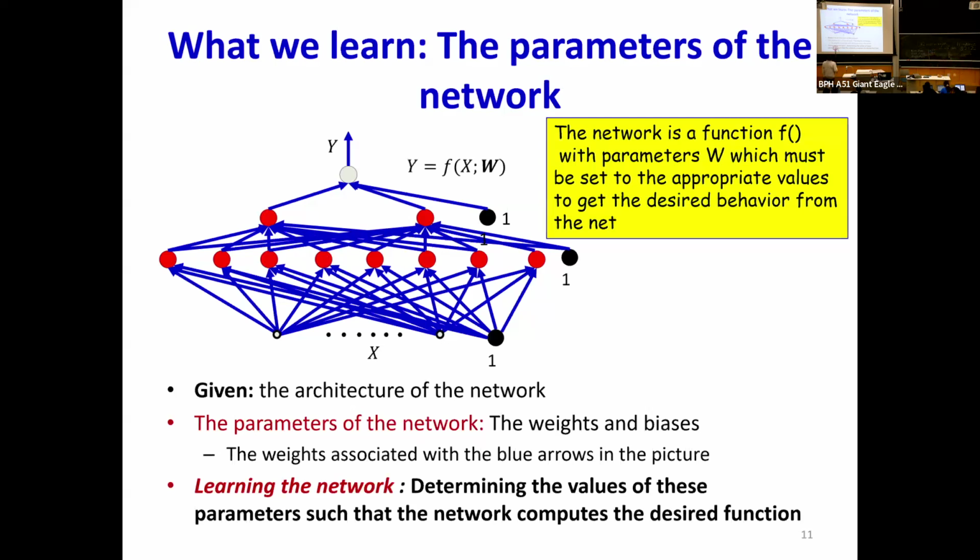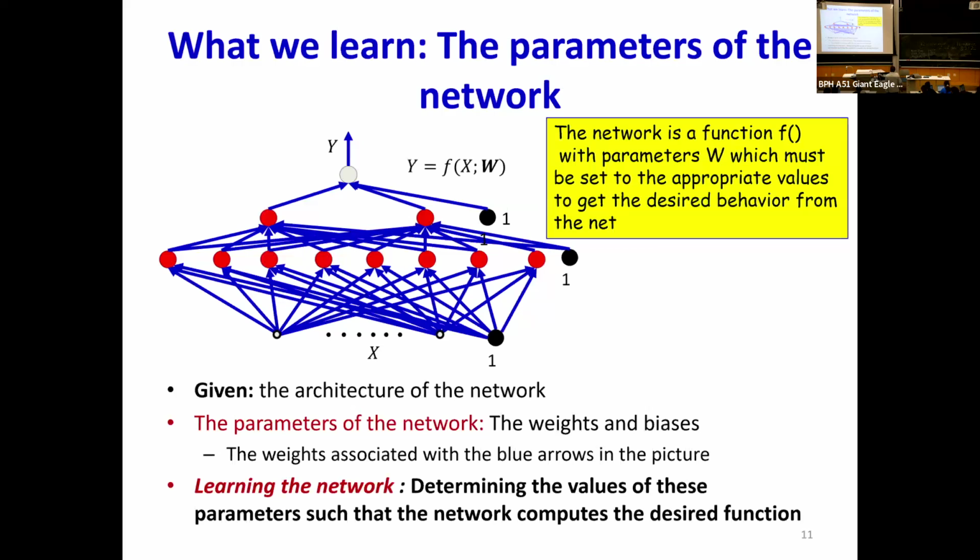So you can represent the entire network functionally in this form, f of x semicolon w. Anything that follows the semicolon in this notation represents a parameter. Anything that comes before the semicolon represents an input. And so this is a parametric function with parameters w. The entire network is just a parametric function.